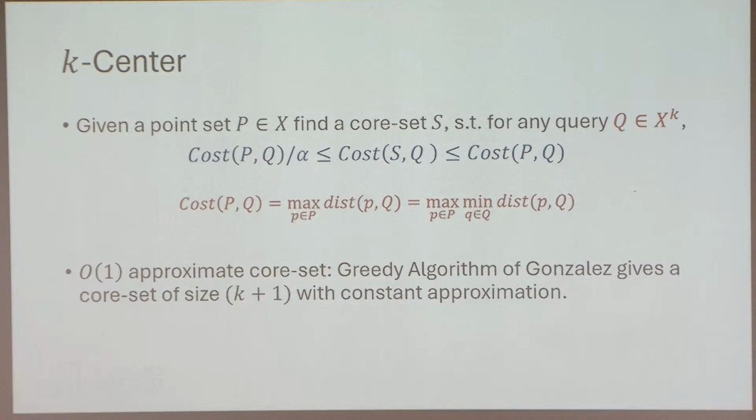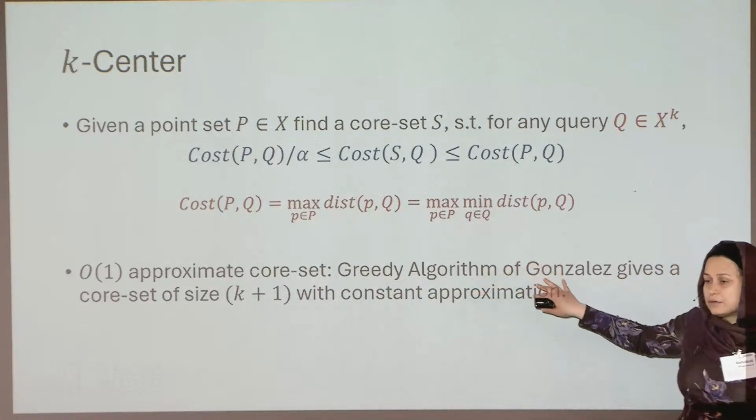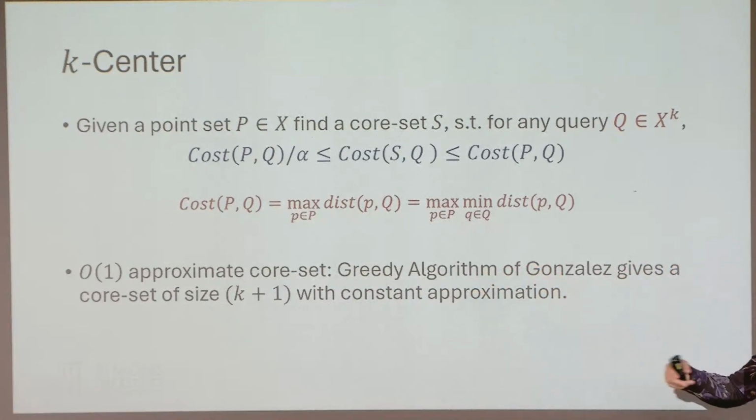Any questions on the definition of k-center or a coreset for k-center? Okay. One can again see that a simple greedy algorithm produces a coreset of size k plus 1 to preserve the cost of k-center.